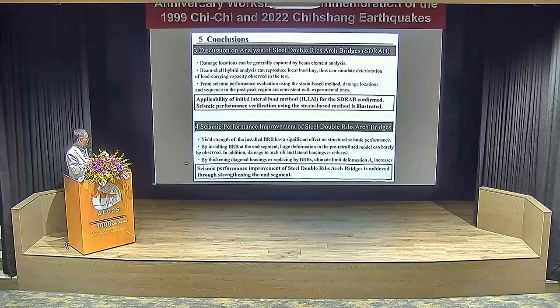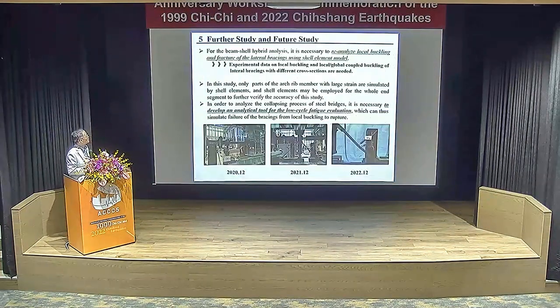And we can see that seismic performance improvement of steel double-rib arch bridges is achieved through strengthening the end segment. Also, for the beam-shell analysis, it is necessary to reanalyze the local buckling and the fracture of lateral braces using shell elements.